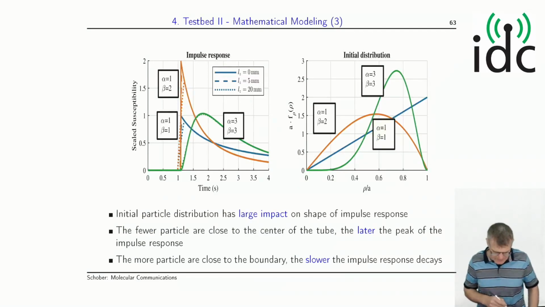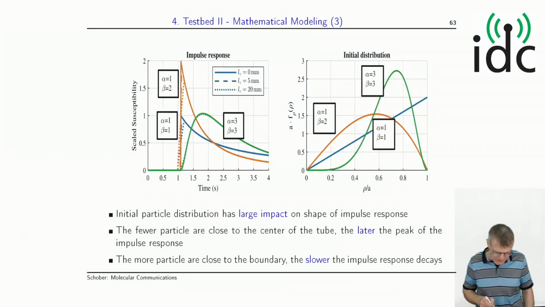Now, these two figures illustrate the impact of the initial distribution on the impulse response. We have two different cases for the initial distribution on the right-hand side, and on the left-hand side, the corresponding impulse response.